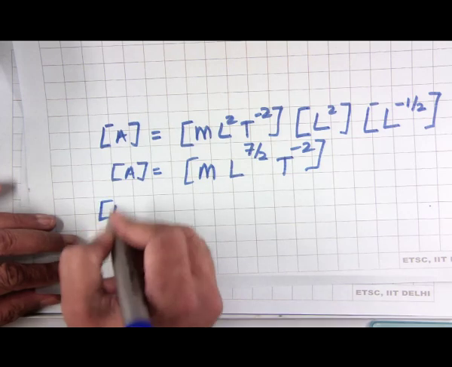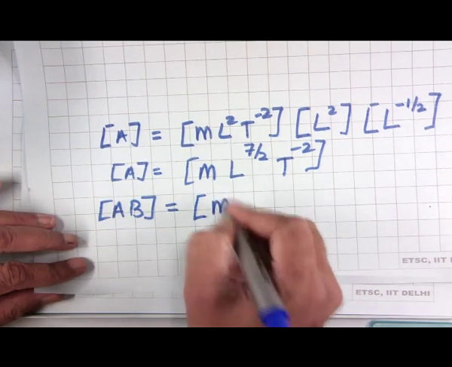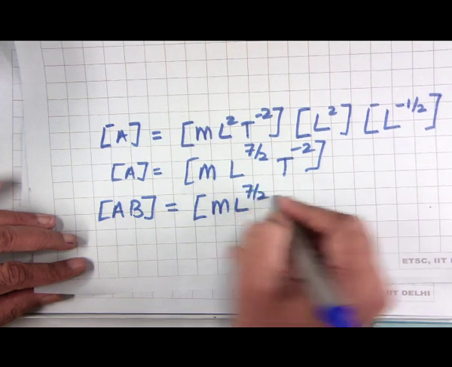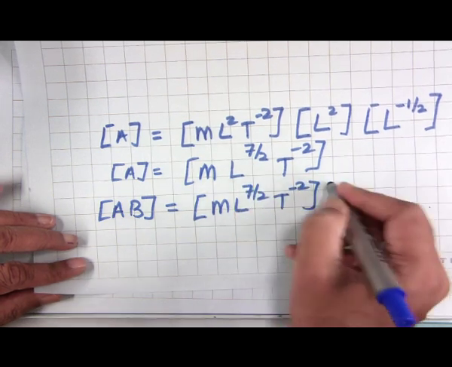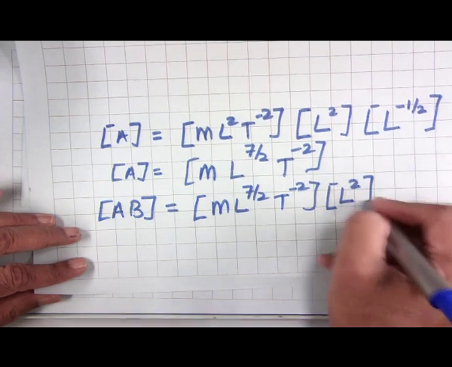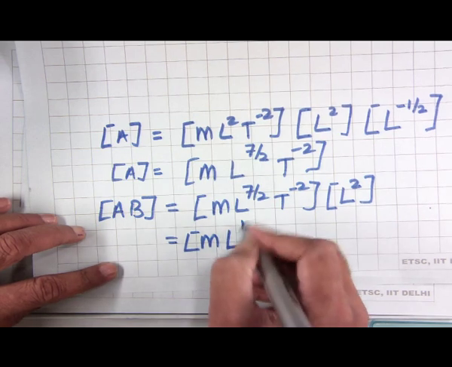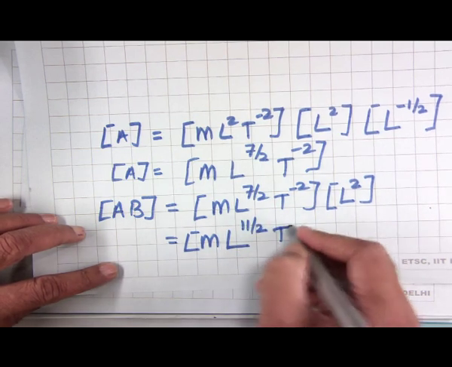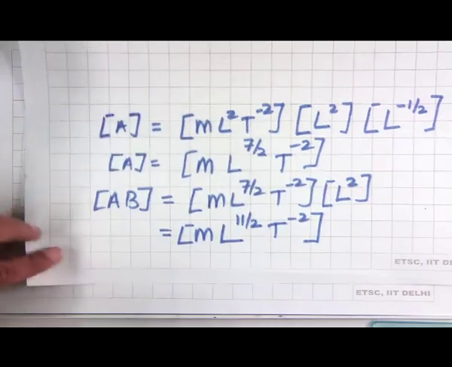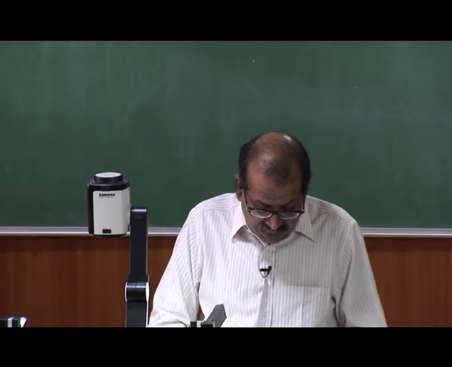Then we have to find the dimension of A times B. This will be equal to m L to the power 7 by 2 t to the power minus 2 times B, which is L square. So, the final answer we get is m times L to the power of 11 by 2 t to the power minus 2. So, these types of problems are basically quite simple.